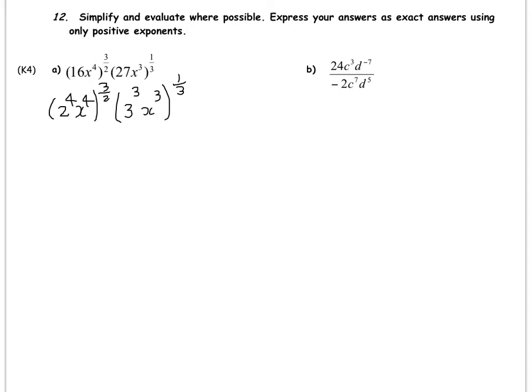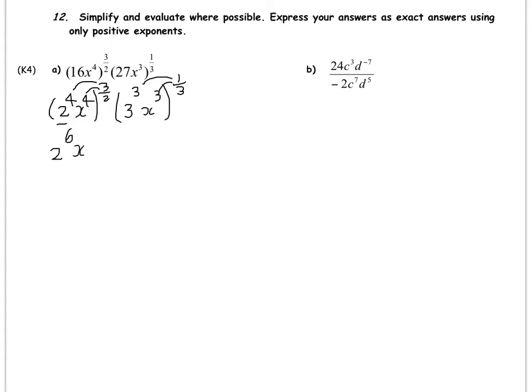Now when you have a power to a power, you are going to multiply exponents. So here we will have 2 exponent 4, to the power of 3 over 2. I'm going to distribute 3 over 2 and 1 over 3 inside. I get 2 exponent 4 times 3, which is going to give me 12, divided by 2 is going to give me 6. So it's going to be 2 exponent 6.